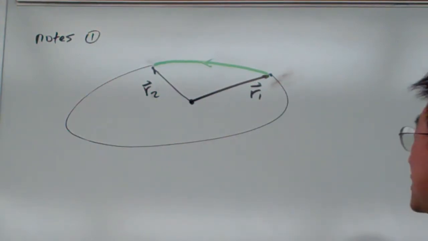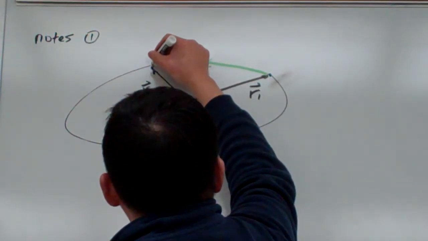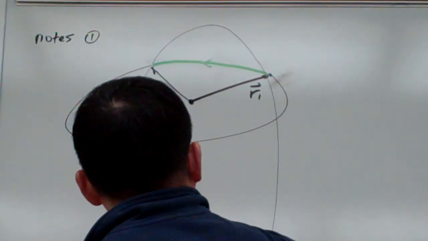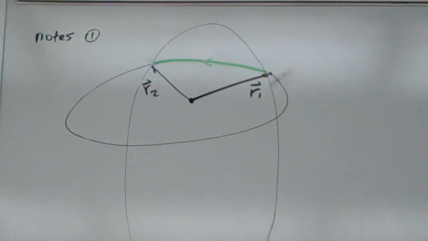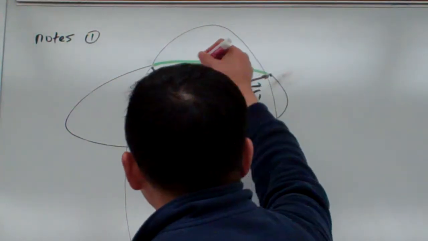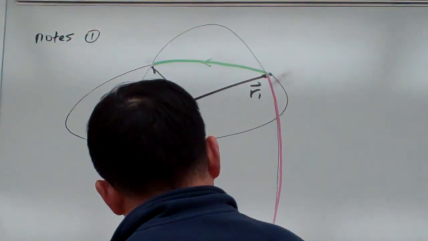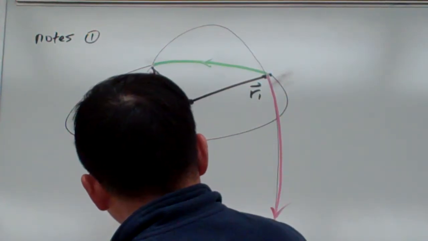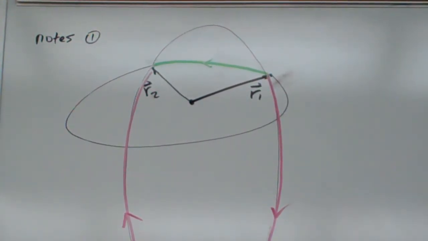And the other possibility is this. So this is another possible orbit, and for this orbit the movement from R1 to R2 is here.